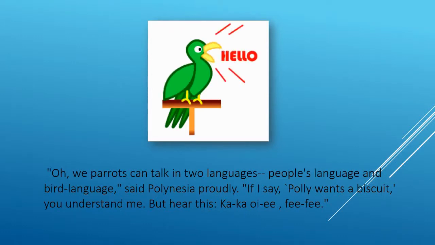And birds' language is kaka, oi, fifi. Now the parrot said Polly wants a biscuit. So the doctor, or everyone, can understand what the parrot wants. But hear this: kaka, oi, fifi. What does this mean? We'll see.